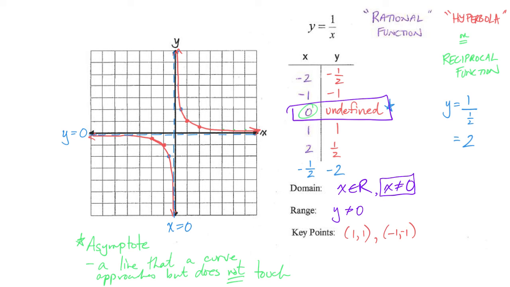So I'm going to use 1, 1 on the one branch, and I'm going to use -1, -1 on the other branch. And then what we do is we use the nature of the curve, knowing that it represents a branch that approaches its asymptotes to give us the shape of that graph.